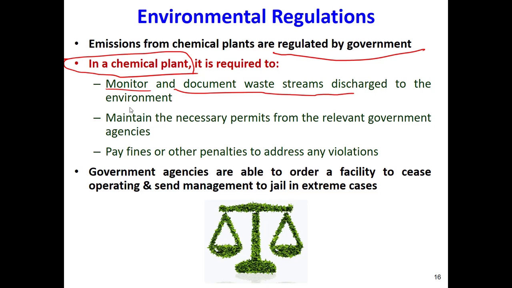Those have to be documented and monitored continuously and systematically. Then maintain the necessary permits. For any activity that you do, you have to have the relevant permits from the relevant government agency.